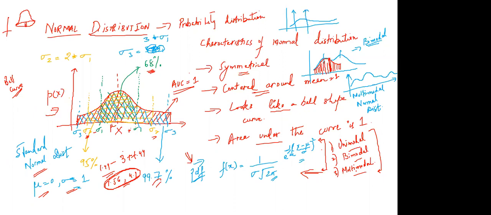Multimodal case, not necessarily. Mean zero कब आएगा? Standard normal distribution जो आप simulate कर रहे हो, तो आप उसमें constant हमेशा mean zero और one.